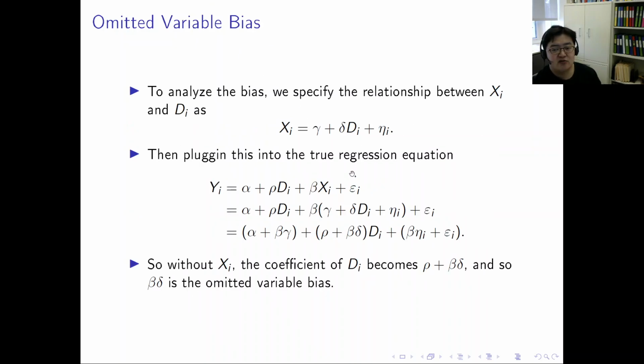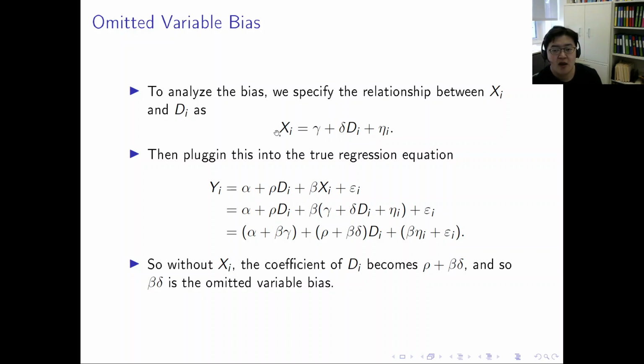So let's study that. To study that, we will specify how the unobserved control variable is generated, like how it is related to the observed variable. I will assume that the unobserved variable is related to treatment this way. Actually, in an earlier slide, I told you the other way: D is determined by x, but for algebraic convenience, I will change their positions.